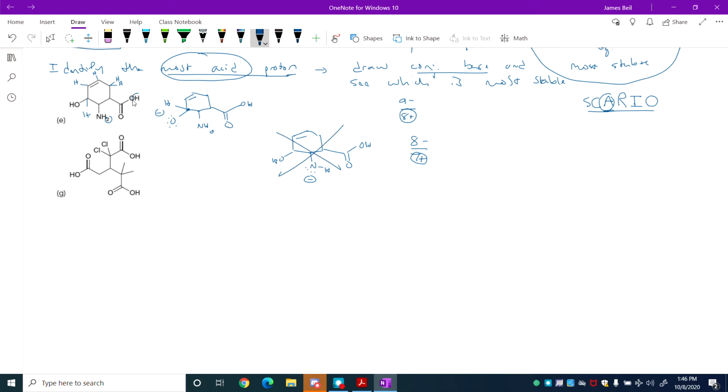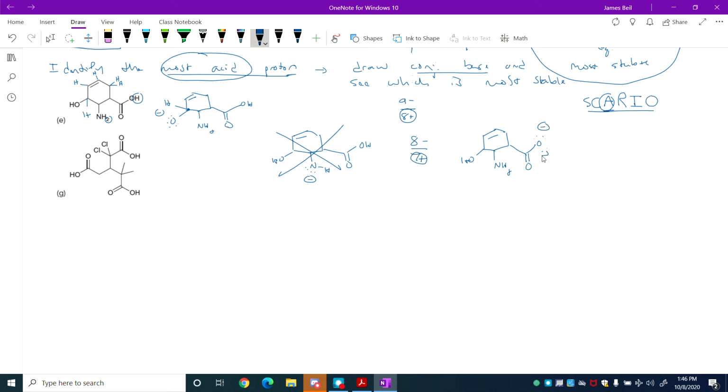But this one here is going to be the answer, because once I pick that proton off and imagine what the structure looks like, I see a couple things. What's happening here? Well, I've got a negative on an oxygen, so that's very similar to the first situation, but there's resonance.